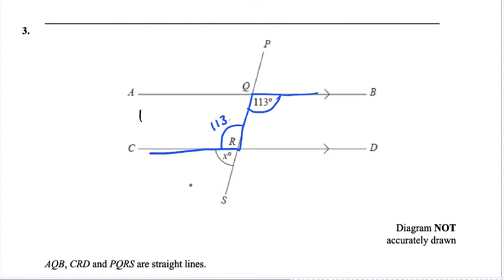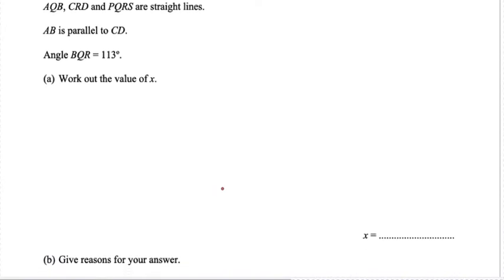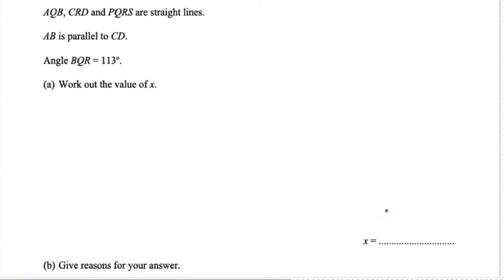And since that is 113, this is a straight line, so it adds up to 180, so this will be 180 minus 113, which is 67. So X is 67.